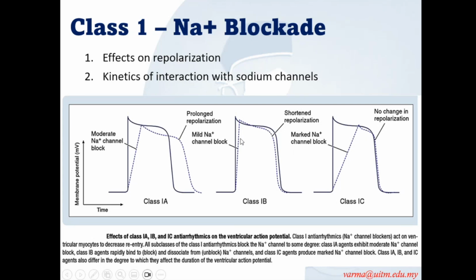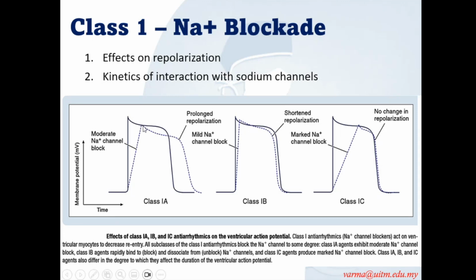Whereas 1B has a mild sodium channel blockade. They practically do not do anything to the action potential. You can see the rate of phase 0 is only slightly altered, so there is not much change in the morphology of the action potential. Thus the action potential is only slightly shortened. It's a shortened repolarization.